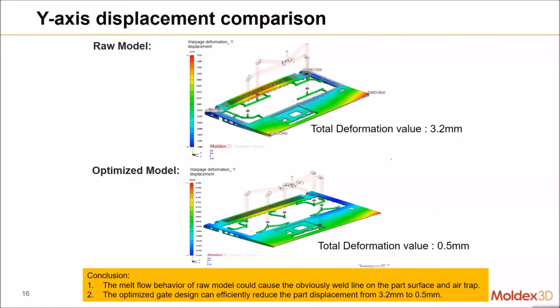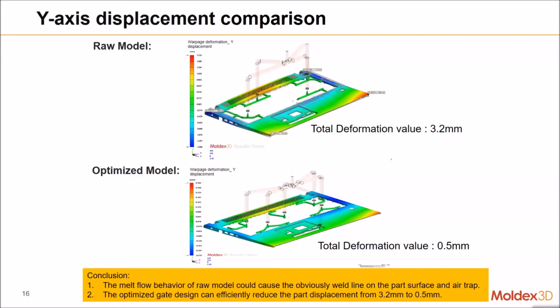The conclusion for this case is, first, the melt flow behavior of the raw model could cause an obvious weld line on the part surface and air trap. The second is that the optimized gate design can efficiently reduce the part displacement from 3.2 millimeter to 0.5 millimeter.